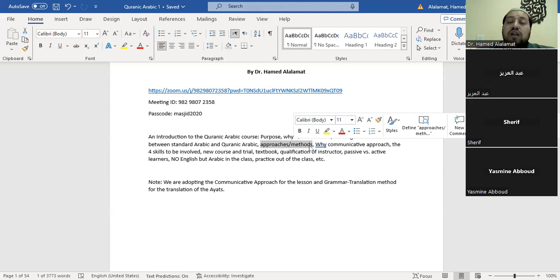They had a lot of books, but nobody was speaking Latin and Greek. They just wanted to benefit from the books. So it was a good way to translate the old texts and understand them with no need to speak and no need to write in Latin or Greek. So that is the grammar translation method.